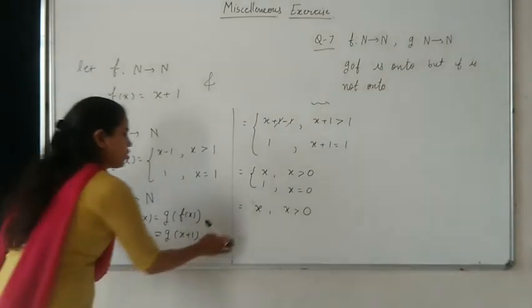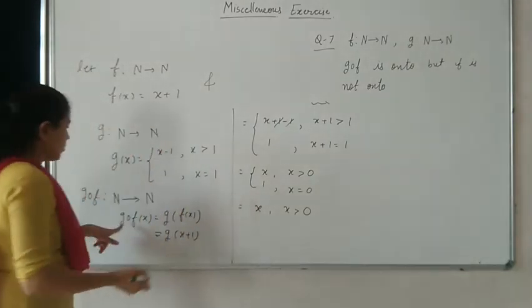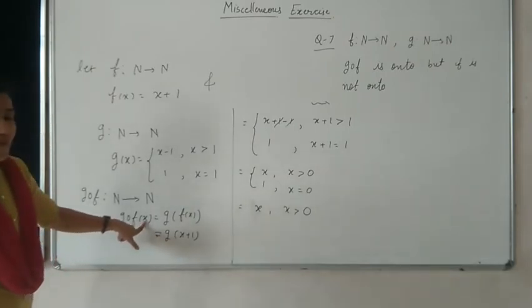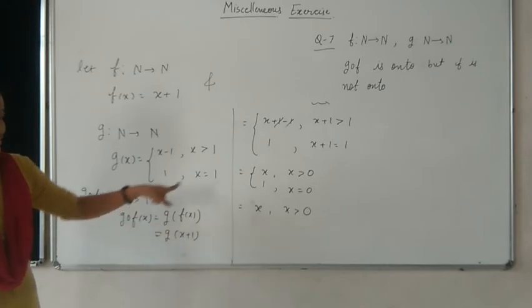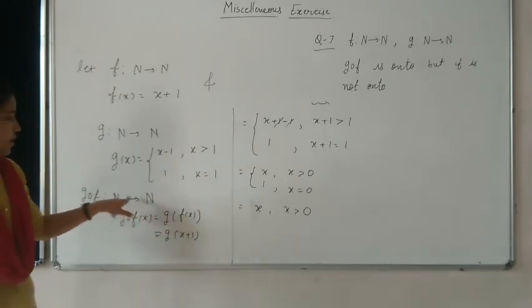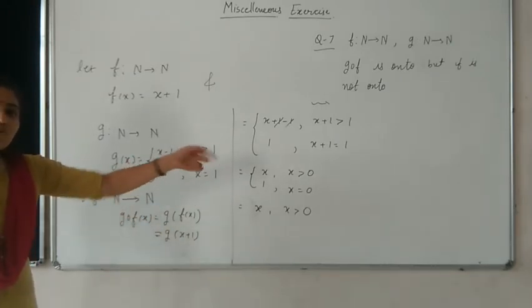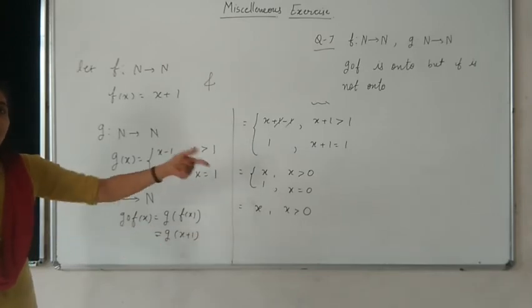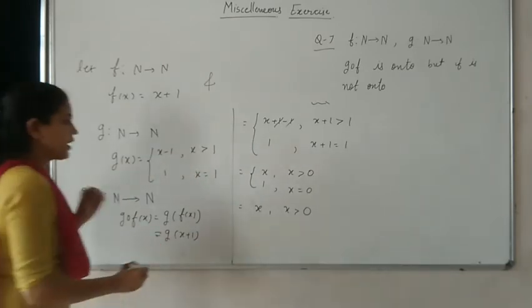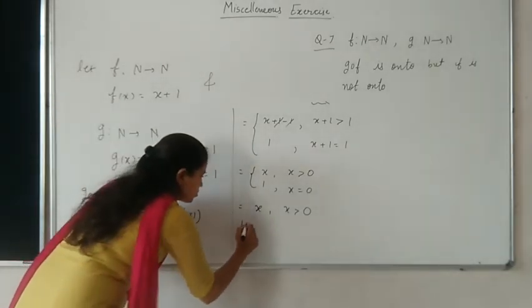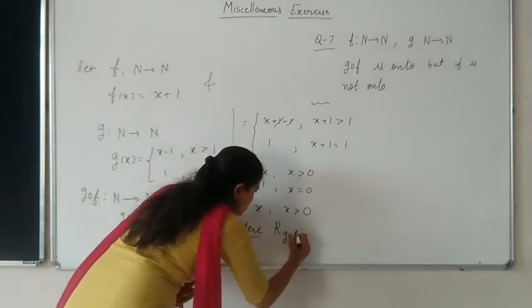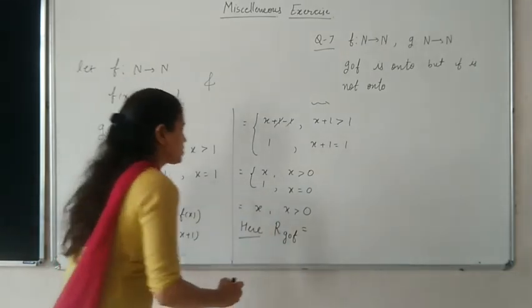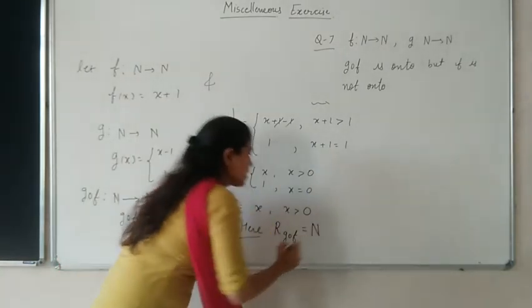So here the range of g composition f, g composition f of x is equal to x. That means if x is equal to 1, then the answer will be 1. If x is equal to 2, then 2. If x is equal to 3, then 3. So that means we are getting the range of g composition f, which is equal to the whole set N.